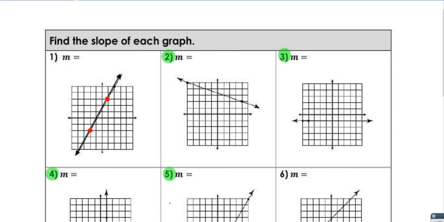All right, so going back to number 1, starting at your left point, let's rise to get to our top point. So I go 1, 2, 3, 4, 5. And now I'm going to run 1, 2, 3.